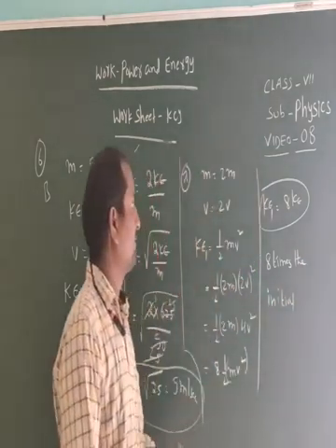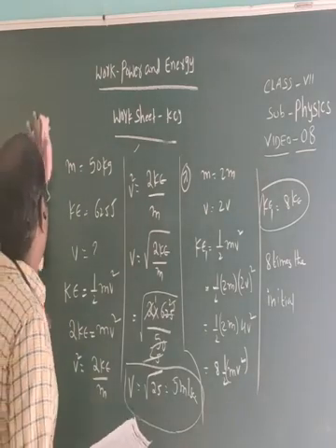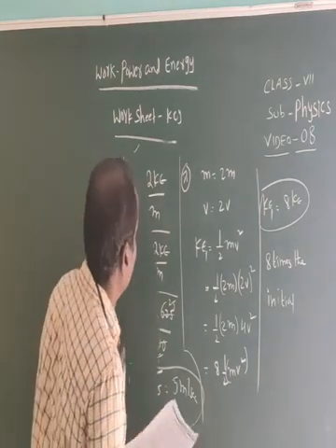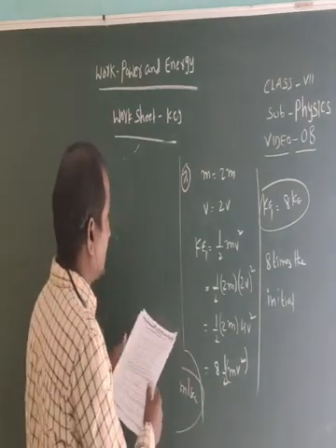Okay, mass and velocity increased by 2 times, then kinetic energy increased 8 times. Kinetic energy increased 8 times. Okay, next one. So option number 7th one, option number D.